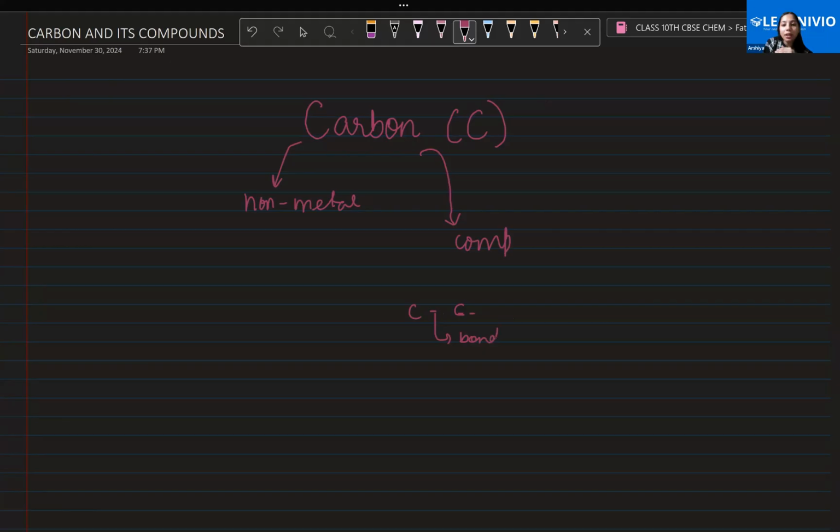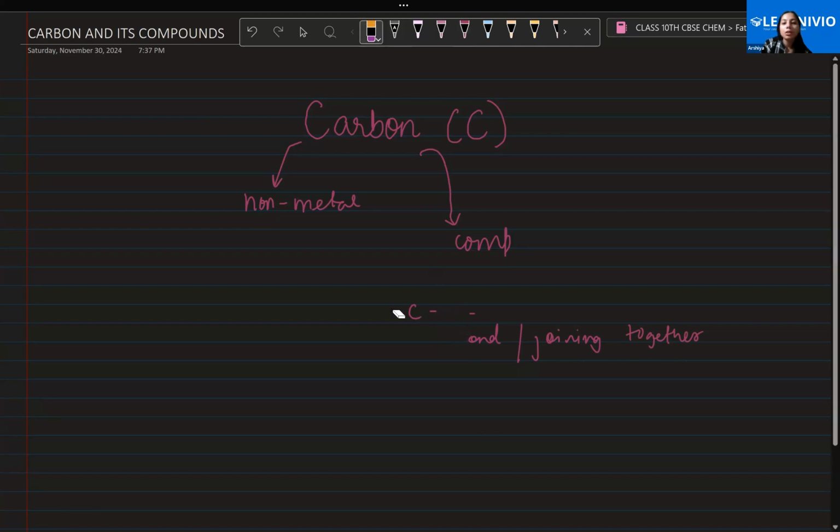In the compounds part, you'll learn how carbons join together to form a new compound, or how carbon may join with some other element to form another compound. That's what this chapter is about, but let's start with carbon first.